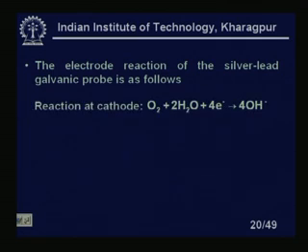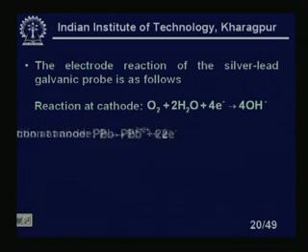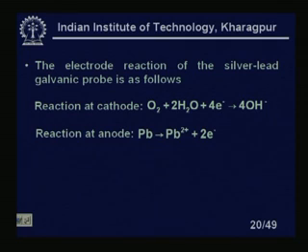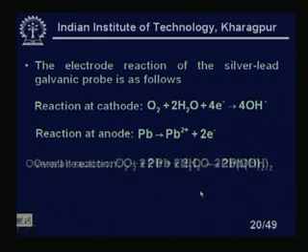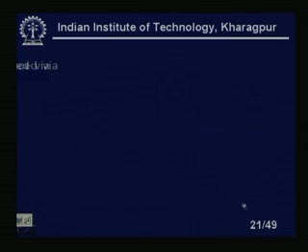Reaction at the cathode: O2 + 2H2O + 4e- = 4OH-. Reaction at the anode: Pb goes to Pb2+ and 2 electrons, right. Overall reaction: O2 + 2Pb + 2H2O = 2Pb(OH)2.